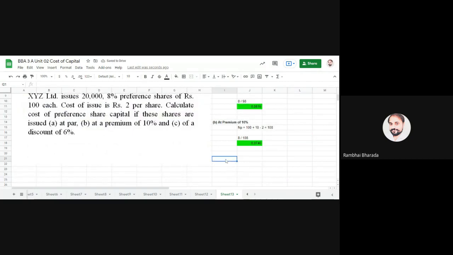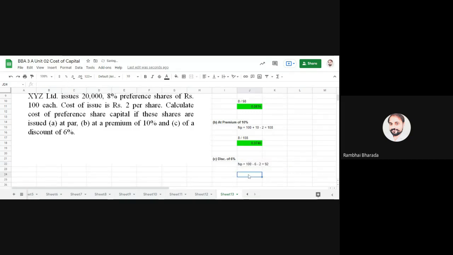And last one, option C, discount of how many percentage? 6%. In case of option C, NP is equal to face value minus discount 6 minus 2 issue expenses is equal to 92.